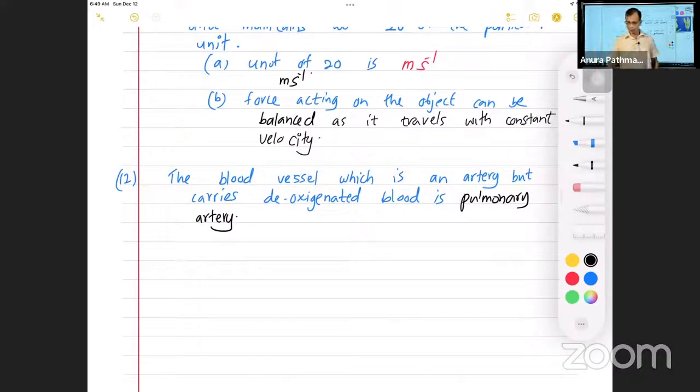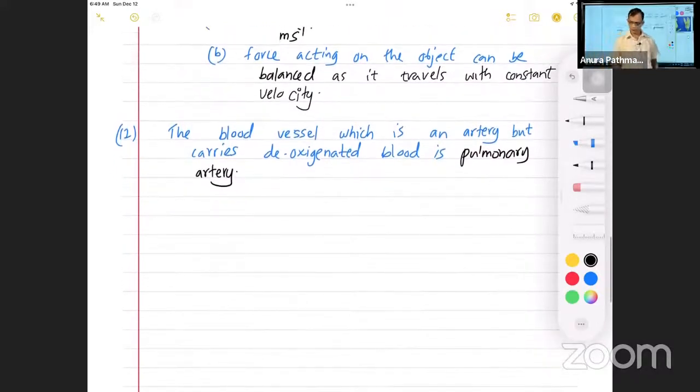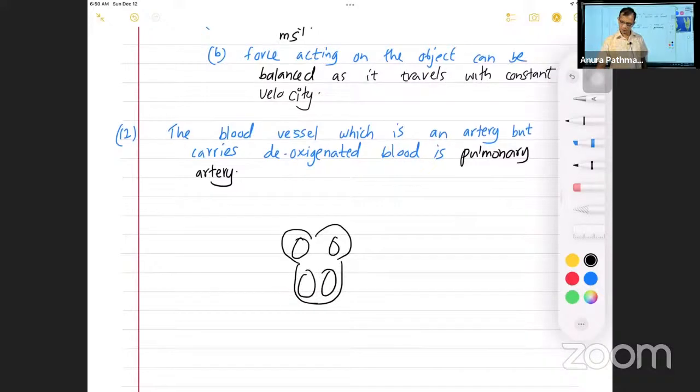Pulmonary artery. You know the blood circulatory system, right? This is the heart and the veins. This is the superior vena cava and inferior vena cava, bringing the blood from the rest of the body to the right ventricle.